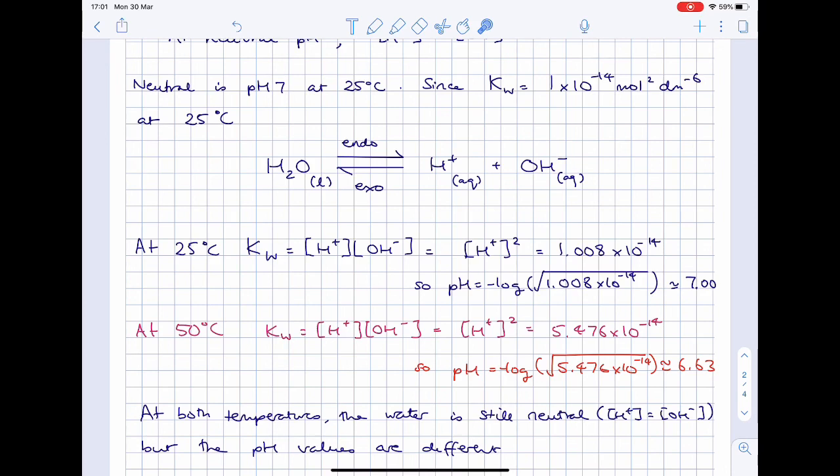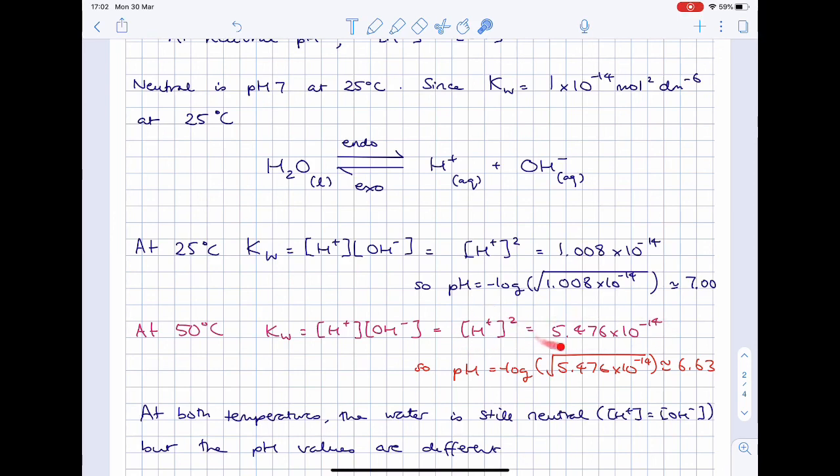If we work out the H+ concentration from this value of Kw, because we know Kw is the concentration of H+ ions and hydroxide ions multiplied together, and since these two concentrations must be the same for water ionizing, we can simplify it to H+ concentration squared.